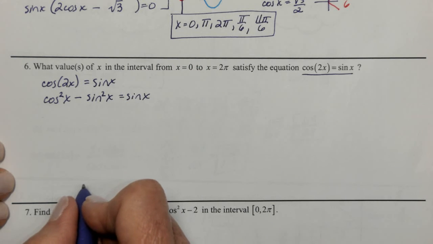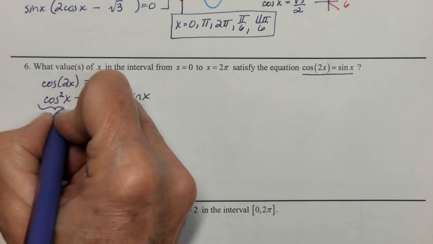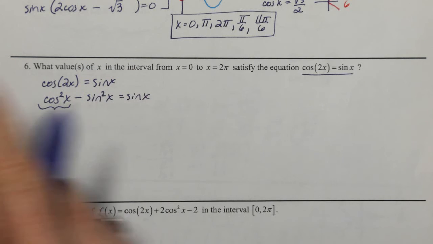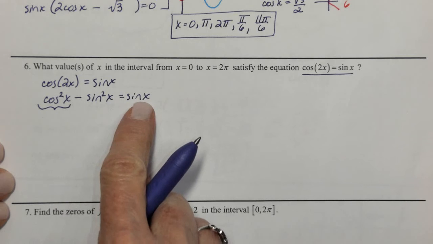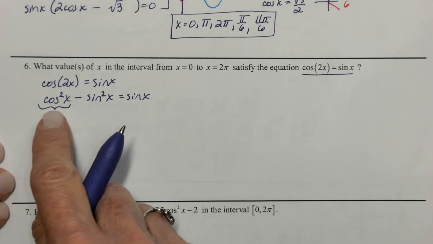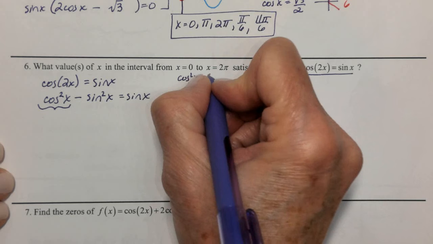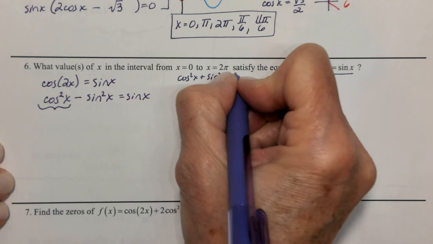And at this point, I've got sines and cosines, so I think I'm going to use my Pythagorean identity on cosine. Since I have a plain sine x and this sine squared x, I'm going to use the identity that says cosine squared plus sine squared is 1.